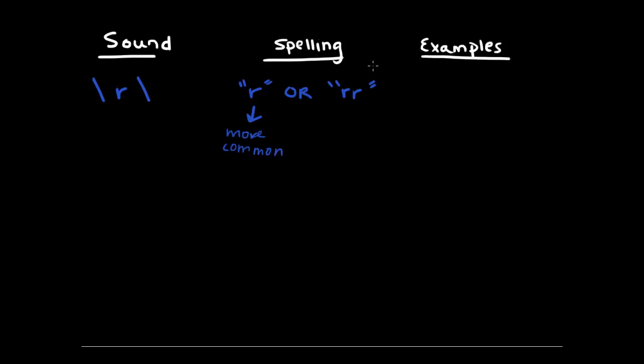Like I said, this is rolled in actual Spanish, but the anglicization of Spanish words and any other language's words into English got rid of that, so it's the same. So let's look at some examples. One thing that could help you figure out if it's an R or double R is the English cognates.